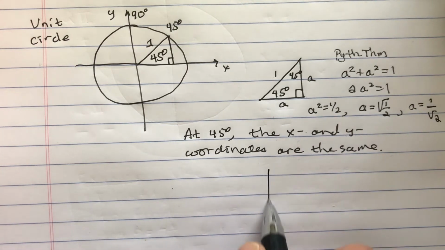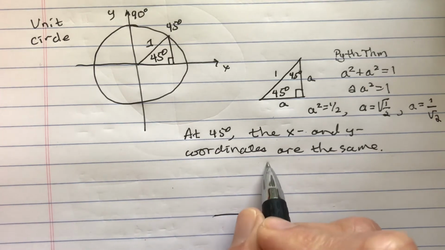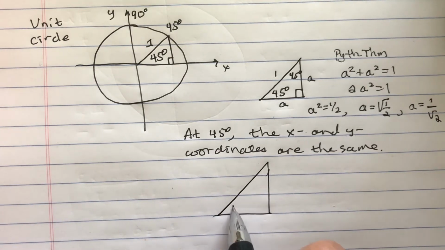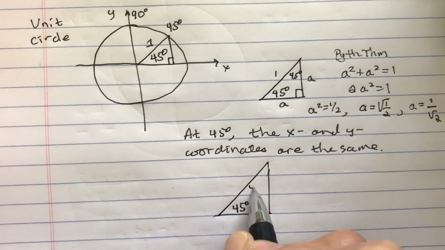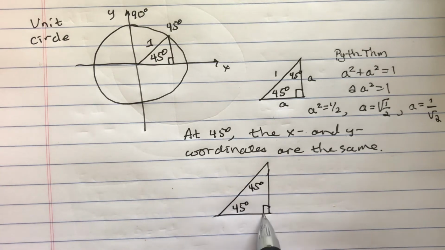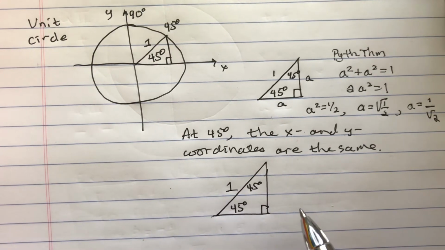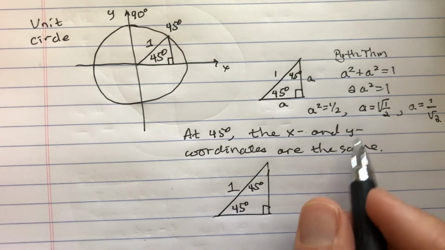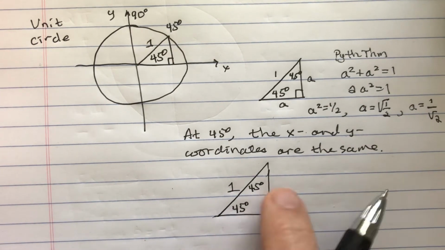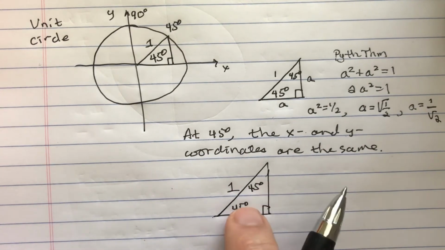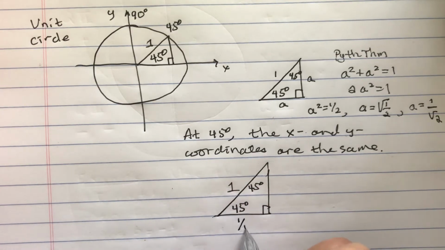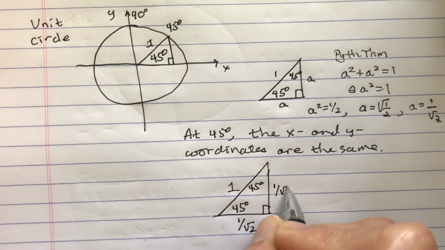So our triangle that corresponds to 45 degrees is a right triangle with hypotenuse 1, and these sides are 1 over square root of 2 and 1 over square root of 2.